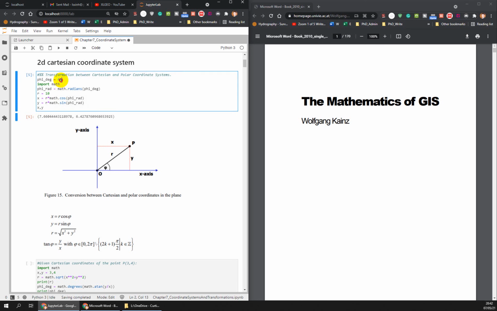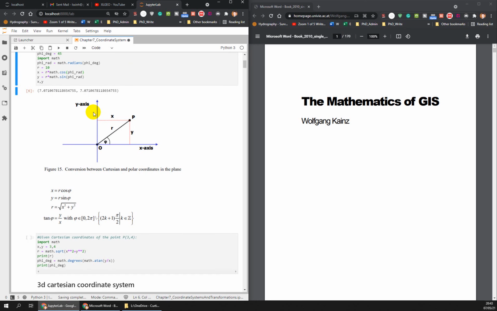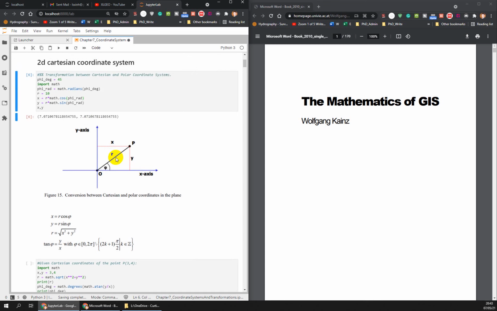If we change this to 45 degrees, that means we have a right triangle with two identical edges, so we will have x is 7 and y is 7. Okay, so that is the way we can calculate x and y from r and phi using Python. It's actually very simple and basic.